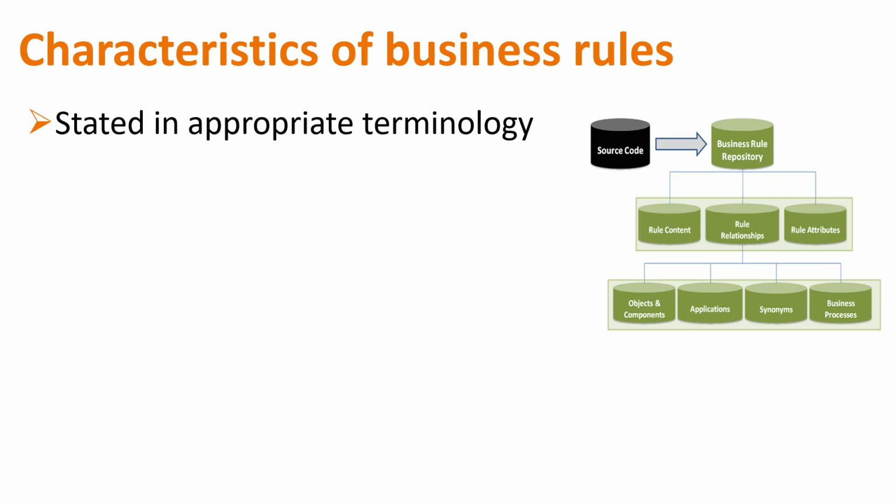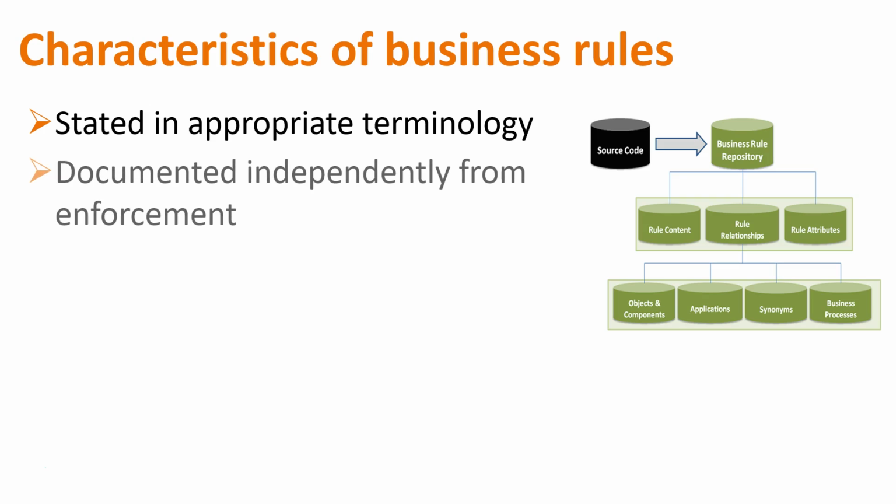Terminology. And the terminology are things like must only if, shall only if, things like that. So those are the kind of, I mean, you could teach a whole day on how to write business rules. They're independent from enforcement. It doesn't say to enforce this rule, you have to do these things.